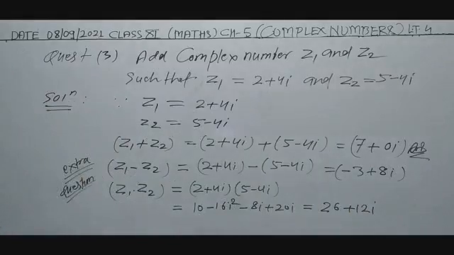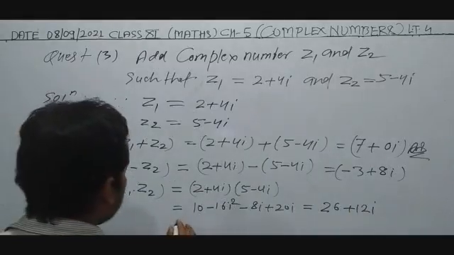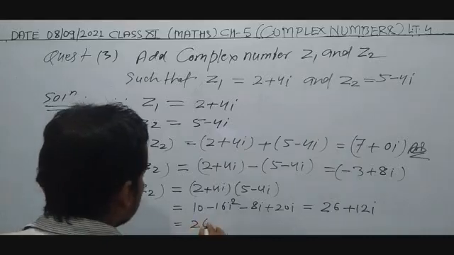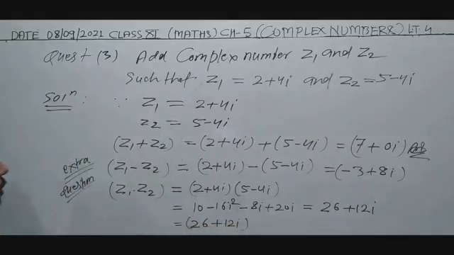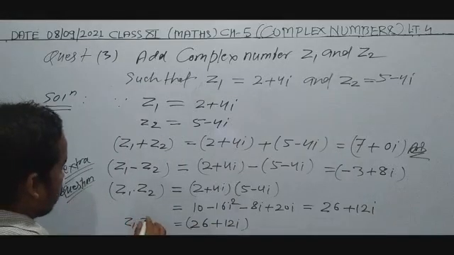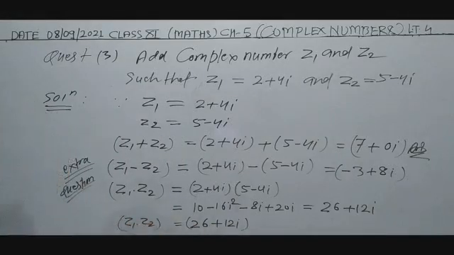So 26 plus 12i after multiplying. So the product of two complex numbers is in complex format, a plus ib.